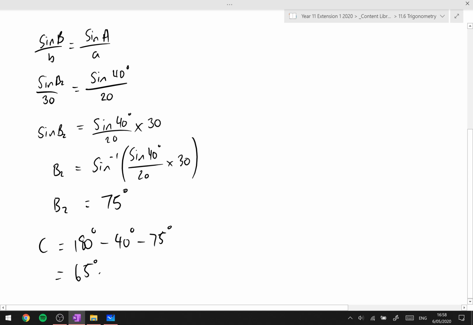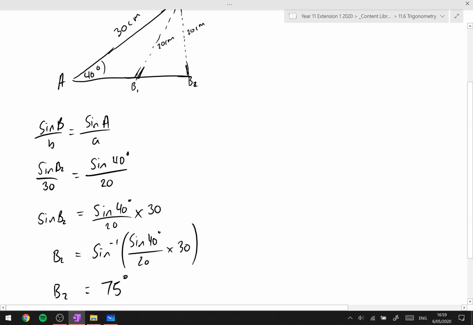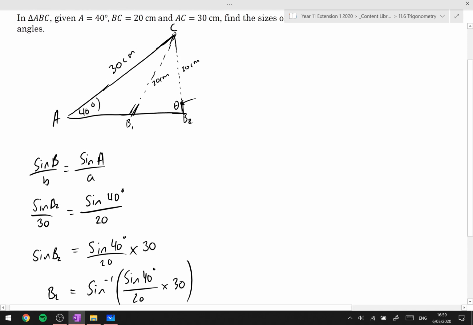Now, that's for the acute angle, and that one all works. This little acute angle in here is 75 degrees, which makes the bigger of the two C angles 65 degrees.